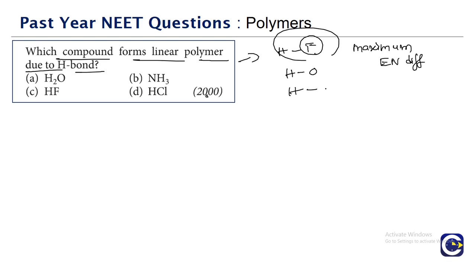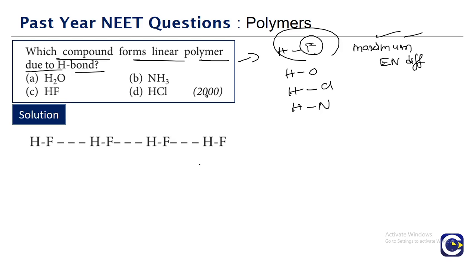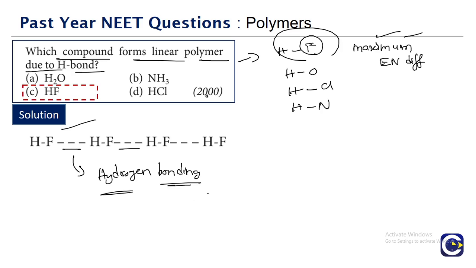That is why the hydrogen-fluorine bond will give us hydrogen bonding with the highest strength. So in fact HF will be able to form a linear polymer like this, and these dotted lines represent the hydrogen bonding. The correct answer is option C.